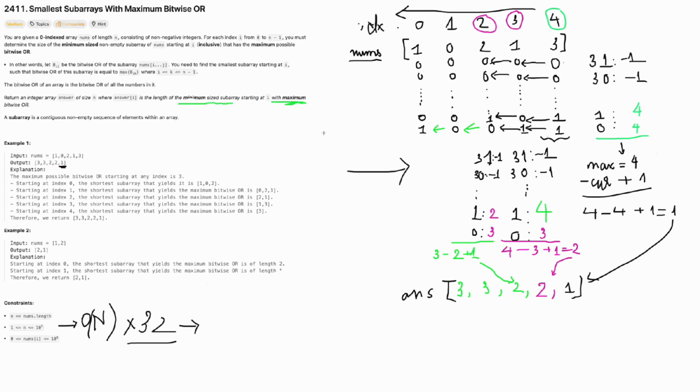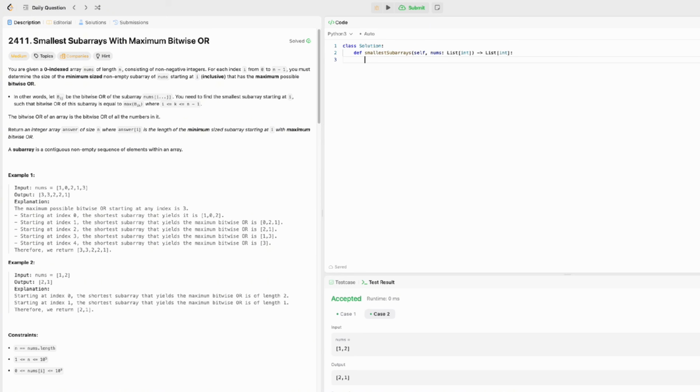Okay, so for now we will program this problem together. Firstly I will create the bit array. For each number we have 32 bits, and I will initialize all of the values by using -1, and I will do this with the length of the nums, right?